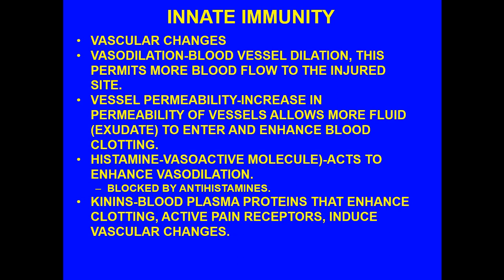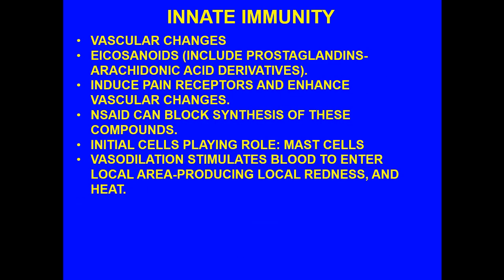Later, perhaps. But we also have the presence of kinins. These are blood plasma proteins. They enhance clotting. They activate pain receptors. Ouch! They induce vascular changes. The vascular changes are brought upon us by eicosanoids. These include a class of eicosanoids known as prostaglandins. Prostaglandins are arachidonic acid derivatives.